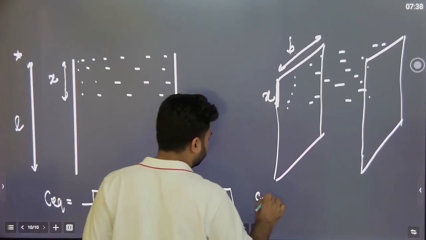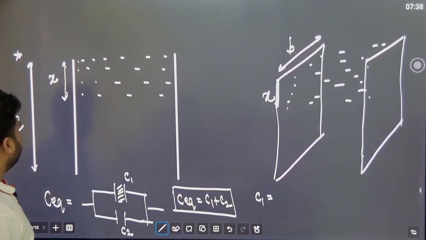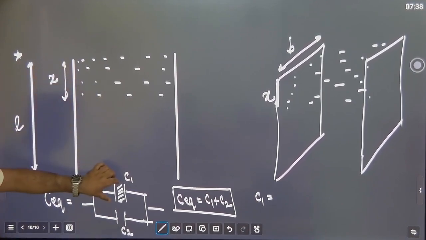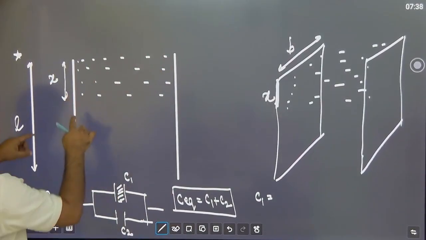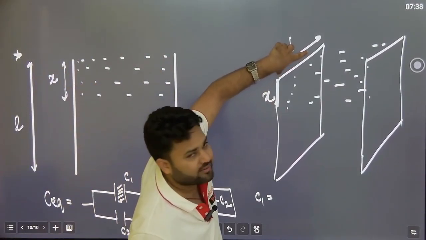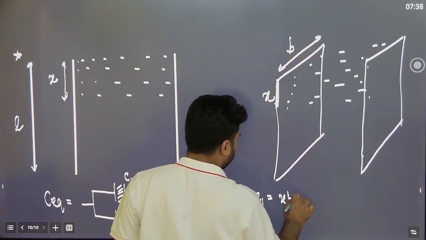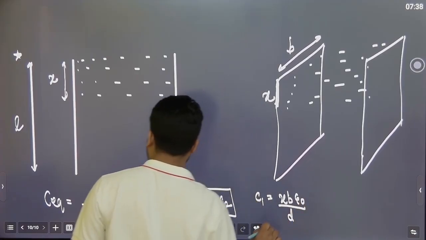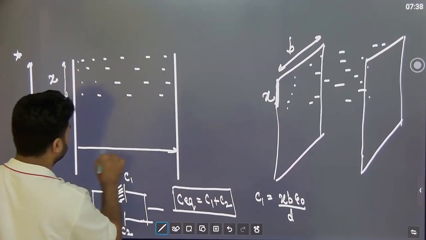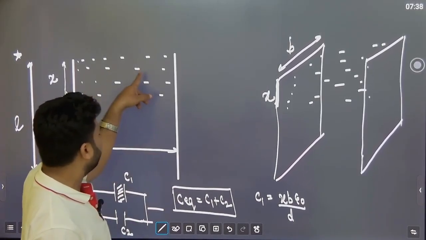So C1 is capacitance formula A epsilon naught by D, area. Now area of this portion, one is this capacitor, na? One is this capacitor and second is this capacitor. So area of this capacitor is this multiplied by this. So x multiplied by B, this is area, epsilon naught divided by distance between plates D. Suppose the distance between the plates is D only. So A epsilon by D multiplied by dielectric constant K, because dielectric is also there.